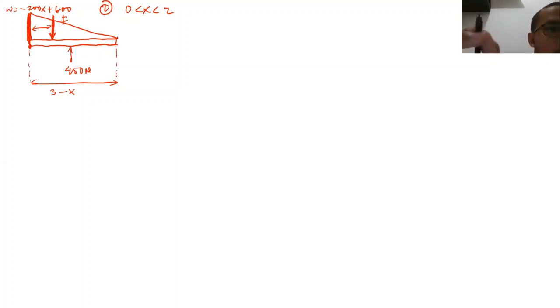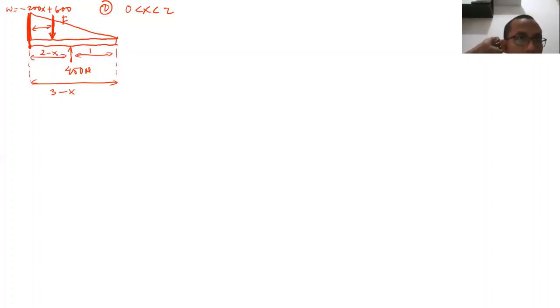In order to make it easier, the distance here will be 1 meter, and the distance from the 450 Newton to the left one will be 2 meter minus x, because at the beginning the distance is 2 meter, but on the left side is x. So this is all the distance that we need.